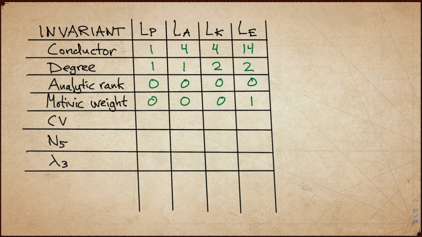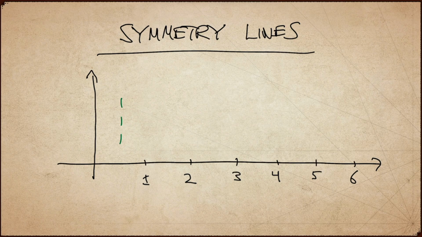Why is it 1? Well, if you remember the critical lines or the symmetry lines in the functional equation, those lines were at s equals 1/2. But for the elliptic curve, that line was 1/2 step to the right.